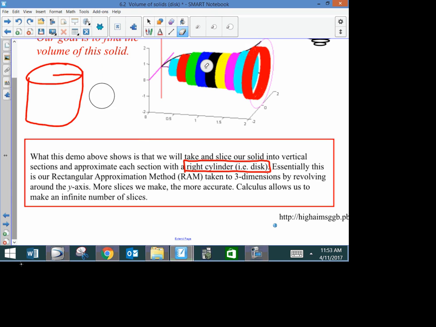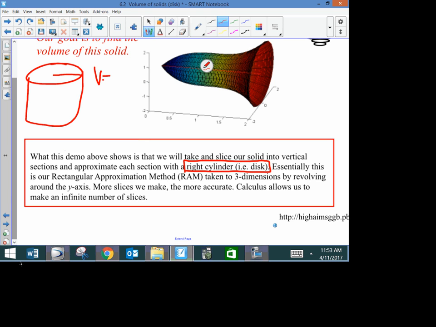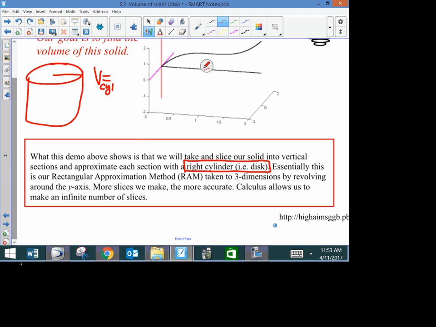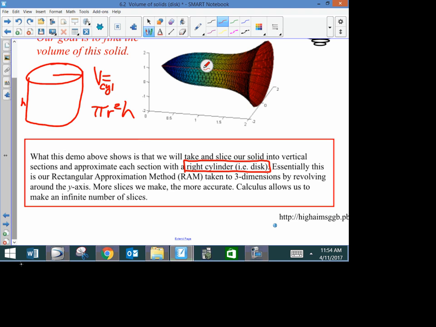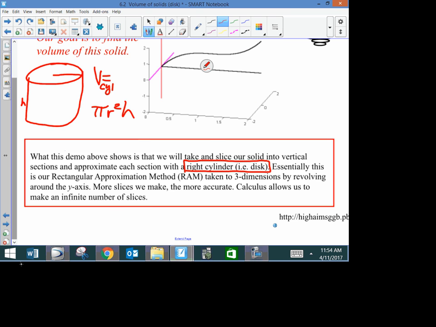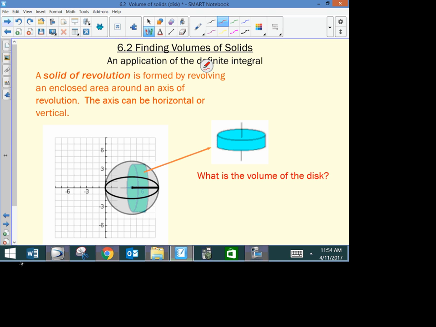Area of the base times the height. Pi r squared is the area of the base times the height. Good job. Okay, so that's what we're going to go for. Remember on our area we did length times width because those were rectangles. Now we're doing pi r squared because we're doing circles. All right.